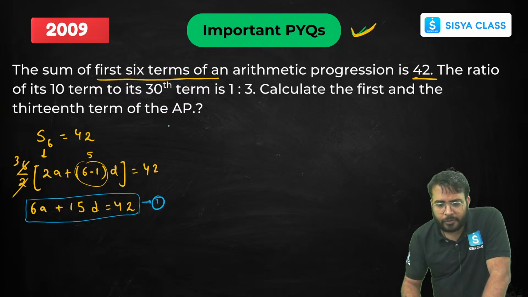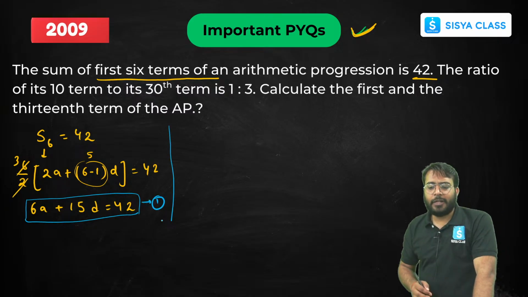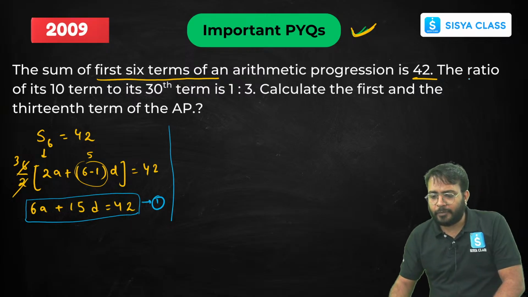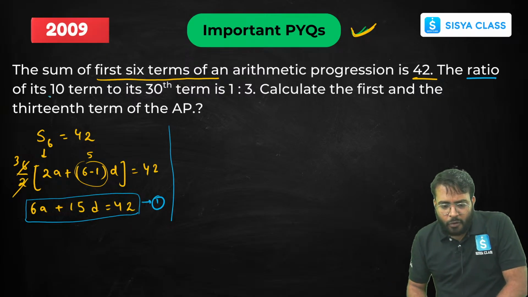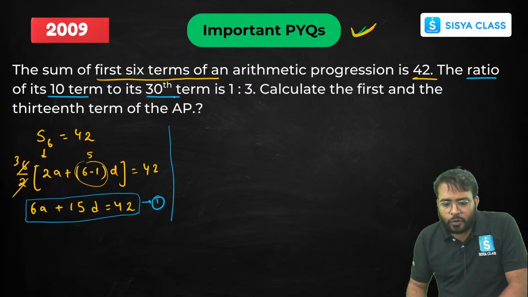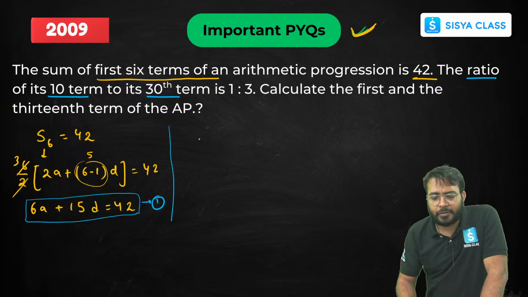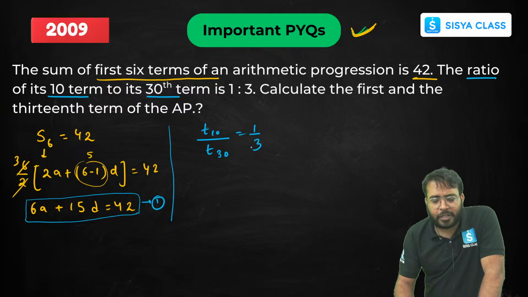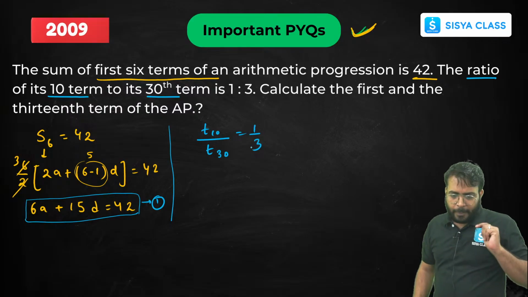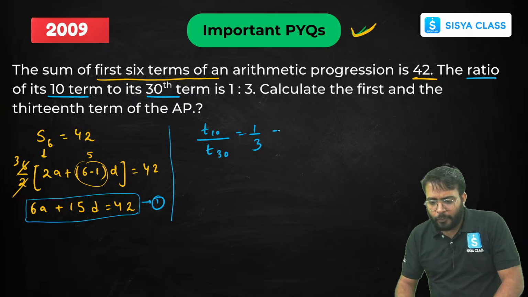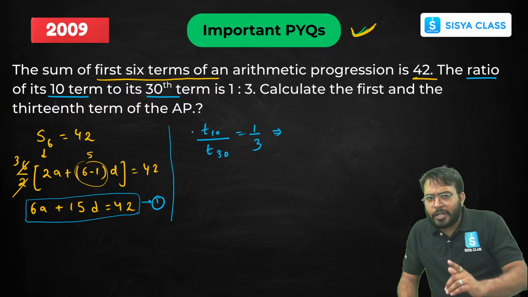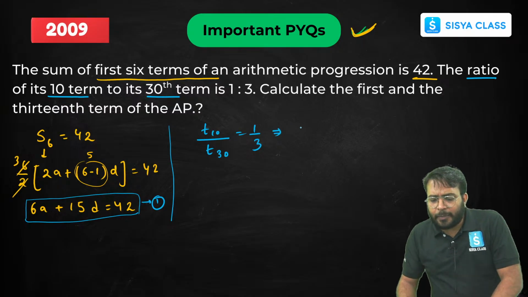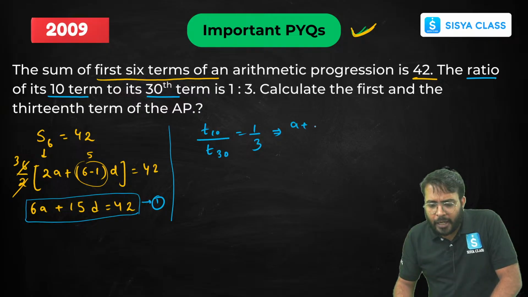Now let us move to the next statement. They are saying the ratio of its 10th term to its 30th term is 1:3, which is nothing but 1/3. What does T10 mean, beta? T10 means a plus 9d.